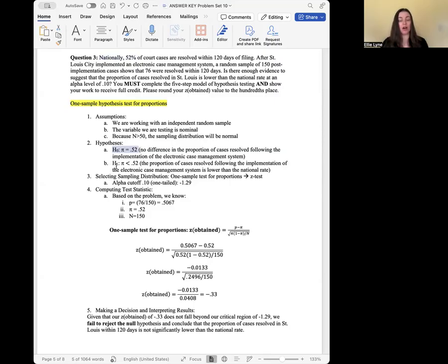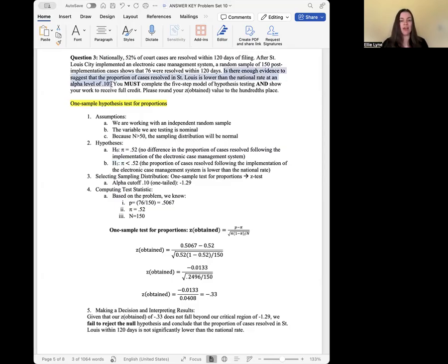Here, for our alternative hypothesis, we also know that this is going to be a pi symbol. Our job here is to just figure out what direction our alternative hypothesis we are testing against is. So let's revisit the research question itself.